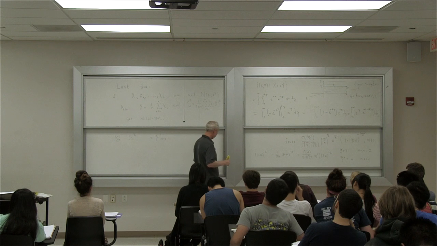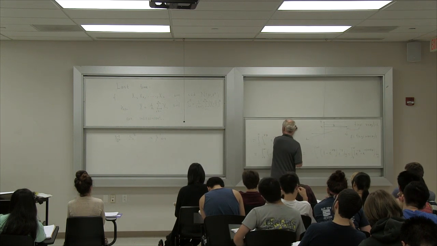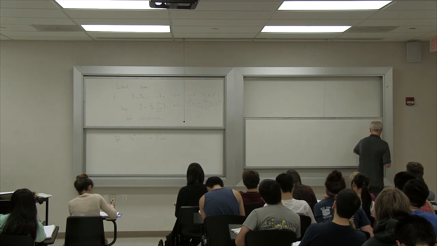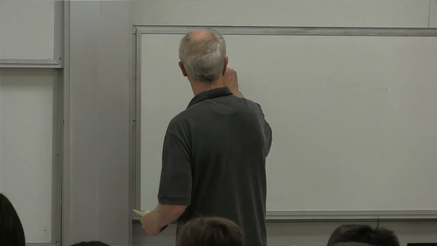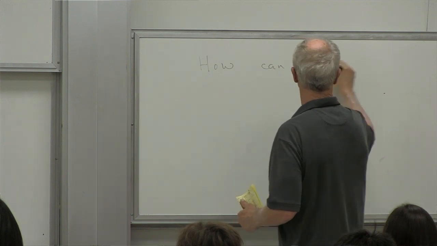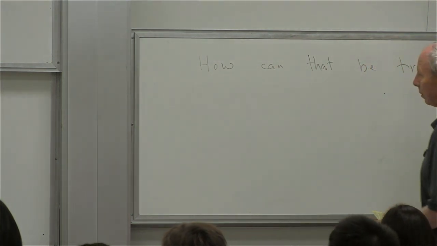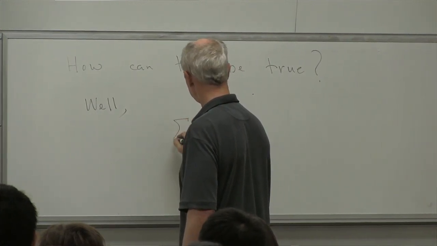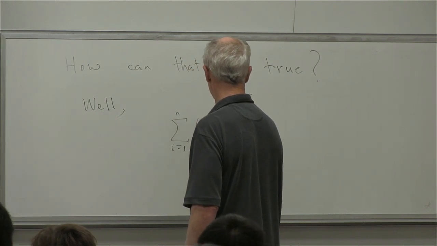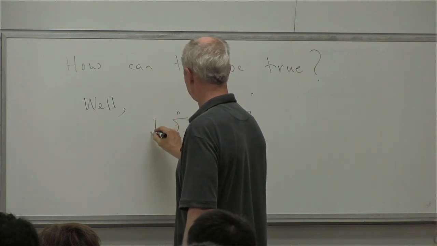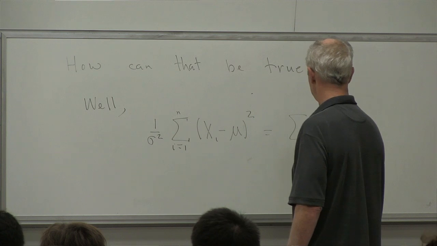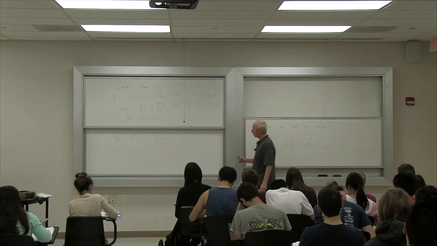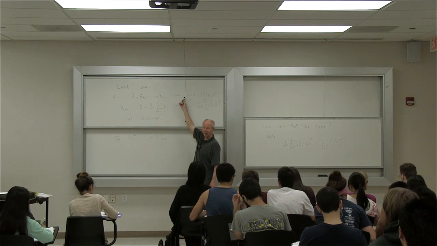Okay, so how can we see that? By the way, this is under the same condition as I have up here, that these are independent normals with mean mu and variance sigma squared.